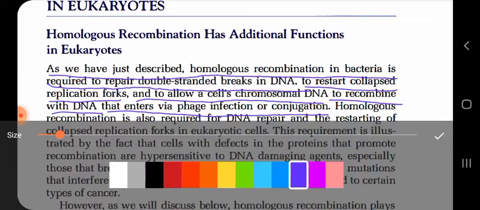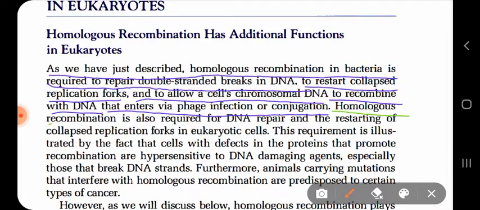In eukaryotes, homologous recombination is also required for DNA repair and restarting of collapsed replication forks. Eukaryotic cells also need homologous recombination to repair double stranded breaks in the DNA and to restart collapsed replication forks. This requirement is illustrated by the fact that cells defective in proteins that promote recombination are hypersensitive to DNA damaging agents, especially those that break DNA strands.